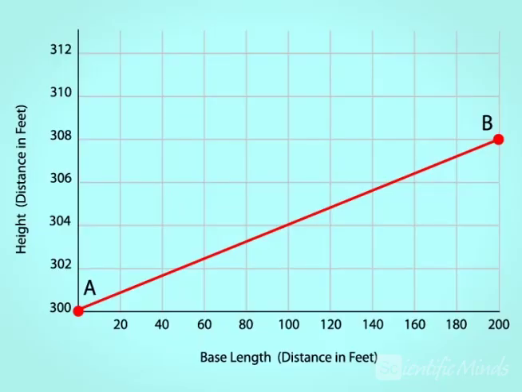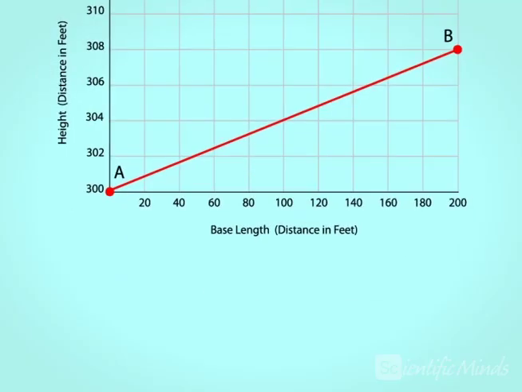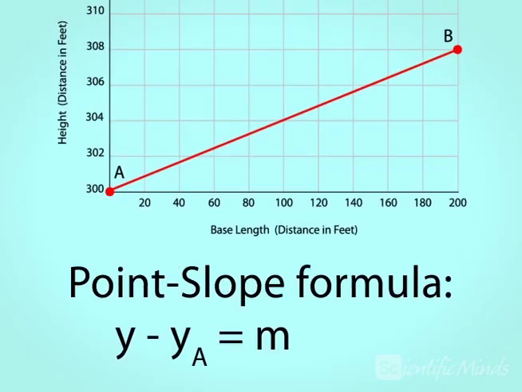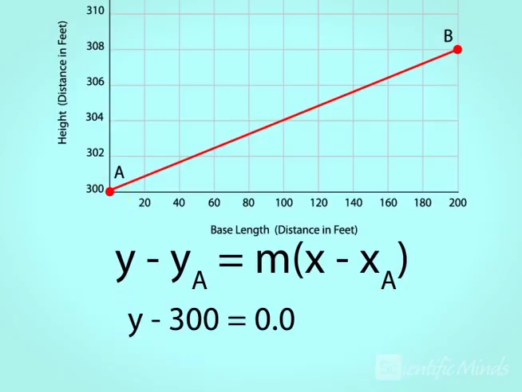If the farmer wanted an equation to represent all the points that are included along the incline, he could use the general point slope formula. y of A represents the y-coordinate at point A, and x of A represents the x-coordinate at point A. So y of A equals 300 and x of A equals 0. Remember that the slope we just calculated was 4%, or 0.04.